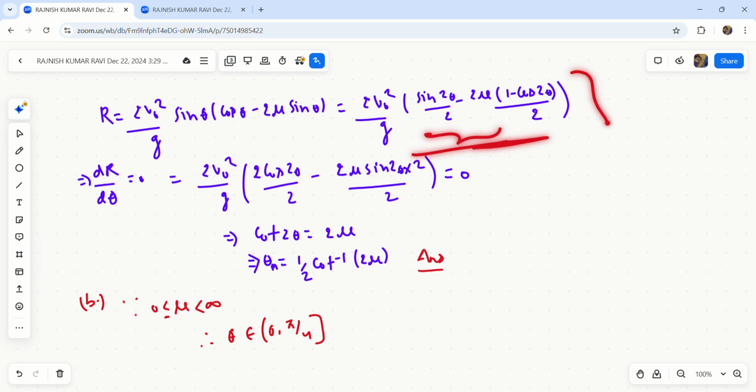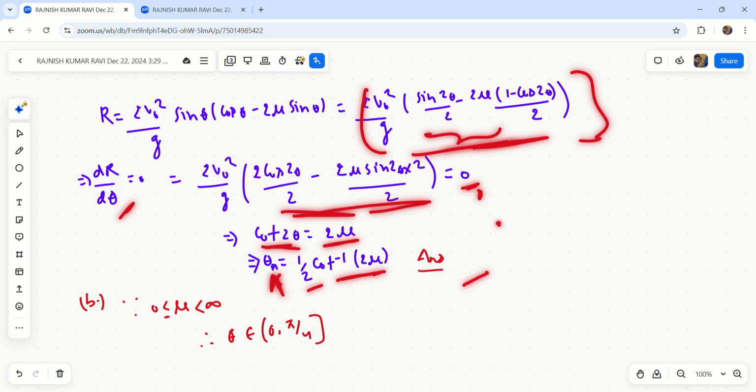This is the value of R, and if we differentiate it with respect to theta, this is the differentiation dR by d theta. On equating it with 0, we get cot 2 theta equals 2 mu. So from here we get theta equals half cot inverse 2 mu.